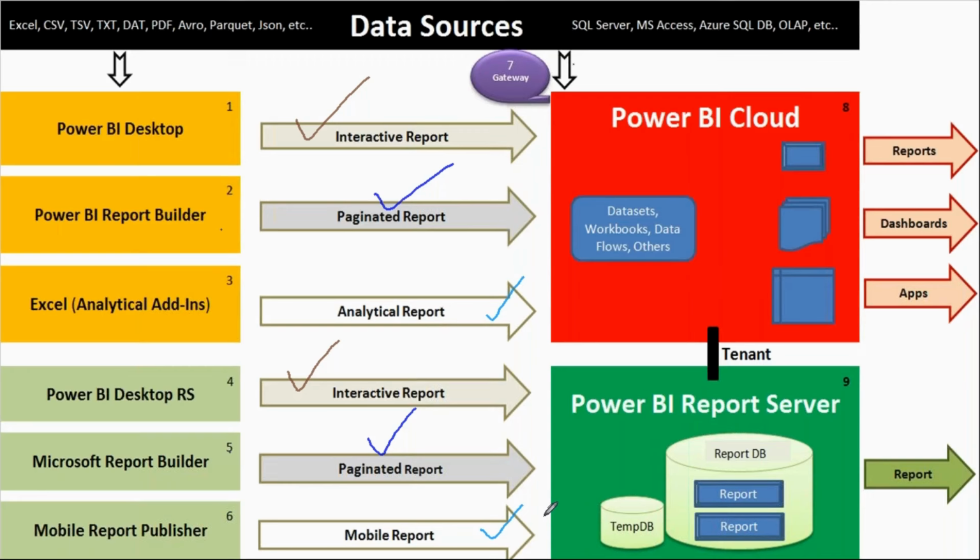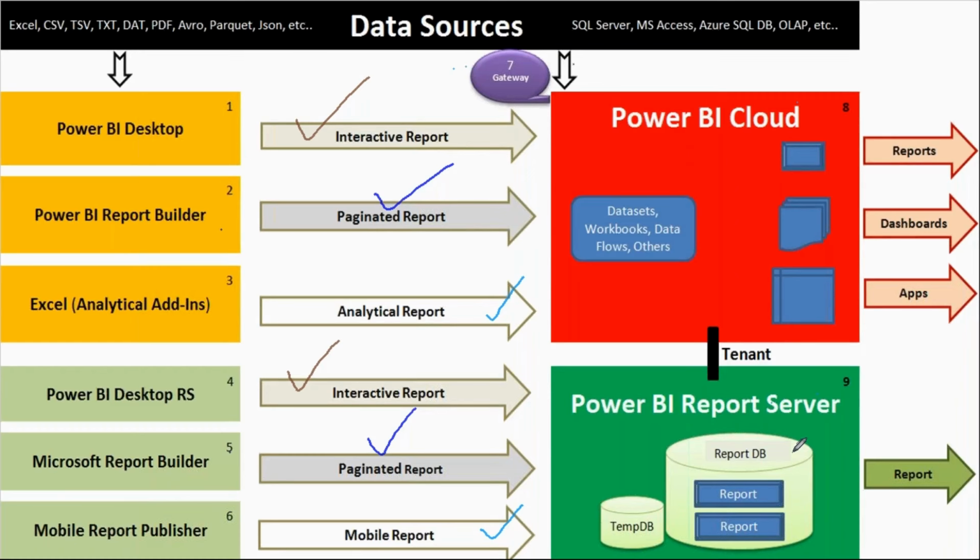4 report types, 6 design tools, 1 data refresh tool. On cloud, no installations, but for report server we again have to install on our computer. So what is Power BI now? A suite of tools: 6 design tools, 1 gateway, that is the data refresher tool, plus cloud, wherein we host the reports for social sites, public websites, etc. And report server.